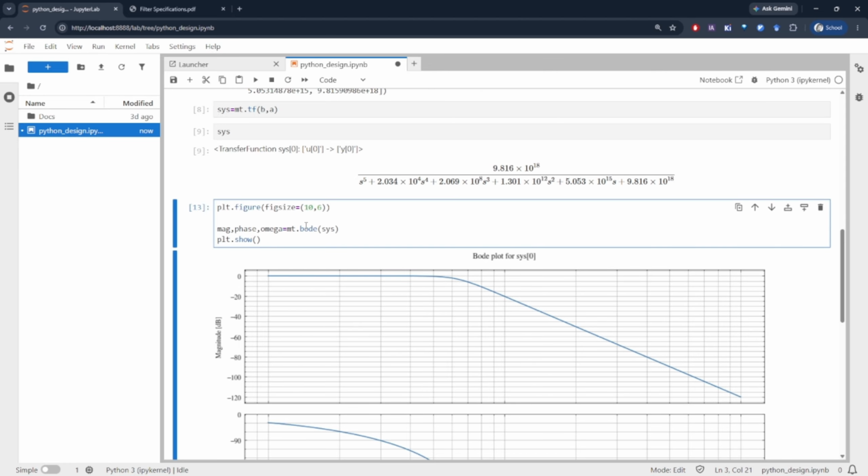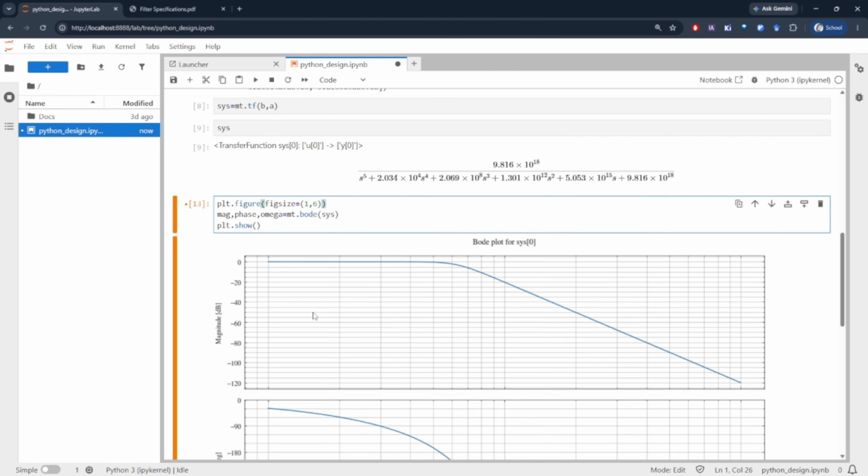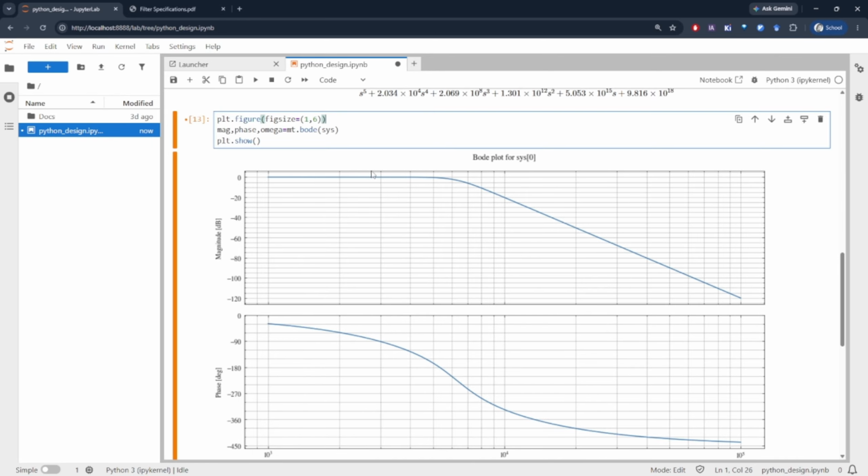So after drawing the Bode plots, you can see that the magnitude frequency spectrum is flat in the passband and starts to attenuate after the desired frequency.